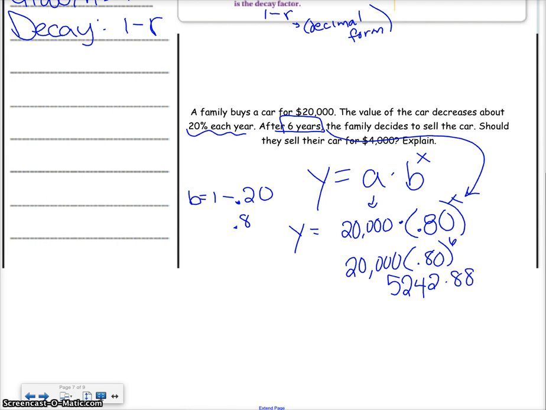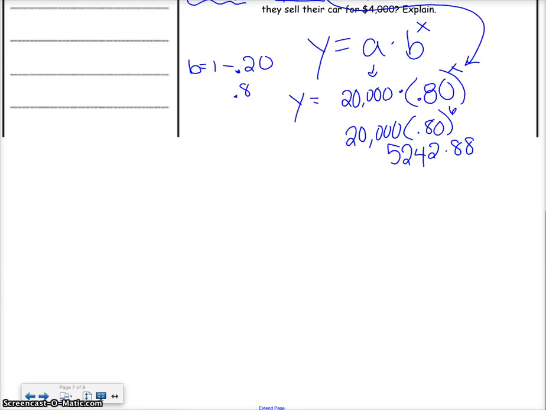No. Why? Because they're losing money. No, comma, they will lose money. Make sure to include your reasoning that supports your math.